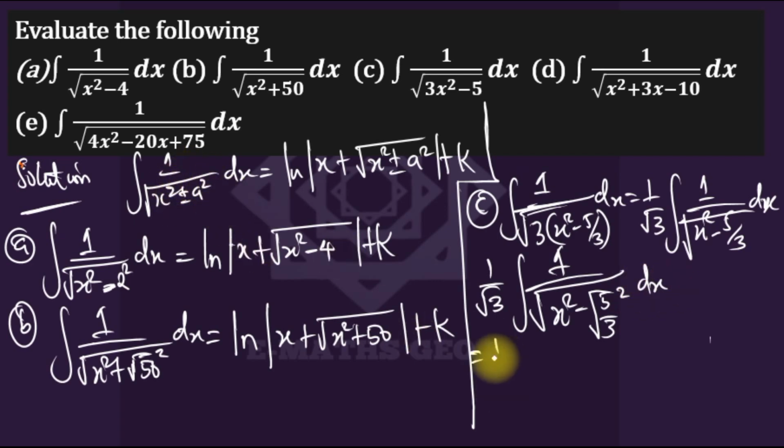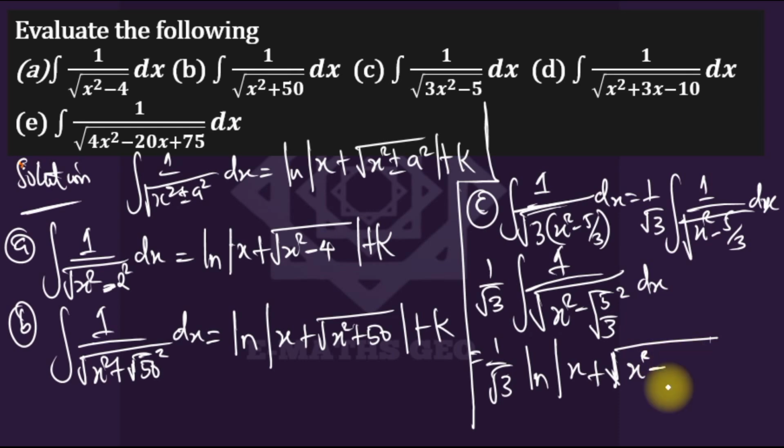So the answer is 1 over root 3 ln of x plus the square root of x squared minus 5 over 3, plus k. Though we can solve further, we can clear the fraction.